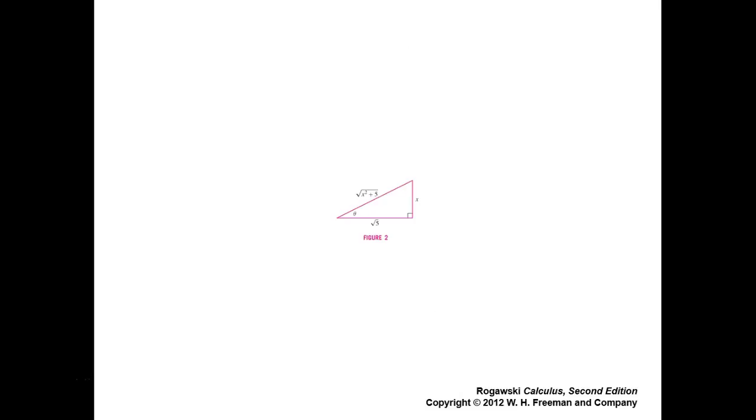Oh, and by the way, where did that picture come from? I'm guessing in your text you had a 5 somewhere there. Is that right? Was your example 4 dealing with 5 rather than 3?